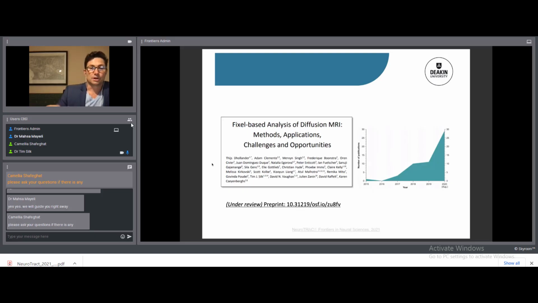It not only reviews the data within those studies, but also presents a lot of the interpretation and some of the challenges from that interpretation too. It's currently under review, but we do have the preprint. I've got the address down the bottom there. You're welcome to access it in the Open Science Framework. Next slide, please.